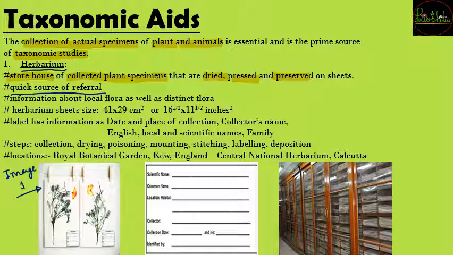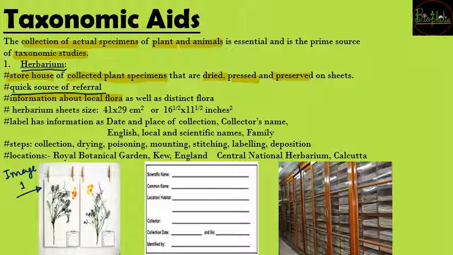Now this stored sheets are going to be the quick source of reference. Because of that, herbarium की एक characteristic line पूछी जाती है, that is the quick source of reference is nothing but herbarium. Now, all the information about the local flora, that is local plants and flowers, uski information you can get it inside the herbarium.